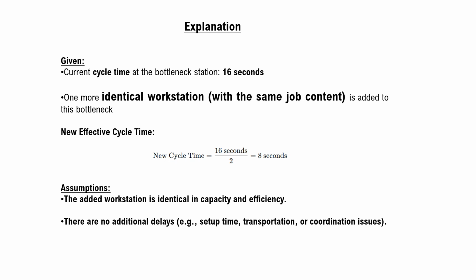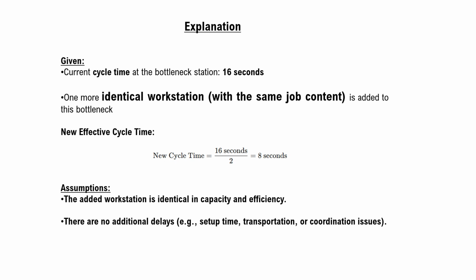Now we want to debottleneck the processes, and that should be based on this principle. Suppose our cycle time is 16 seconds. If we add one more identical workstation with the same job contents, then our new effective cycle time will be reduced to half of the original cycle time.